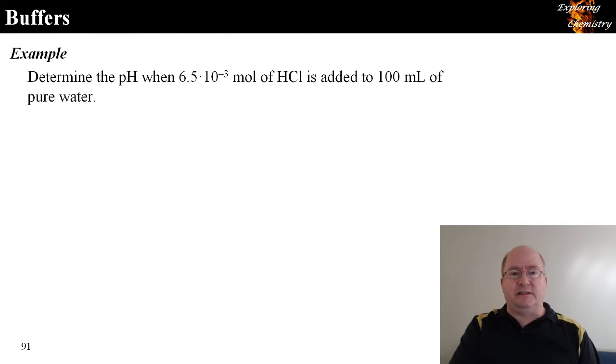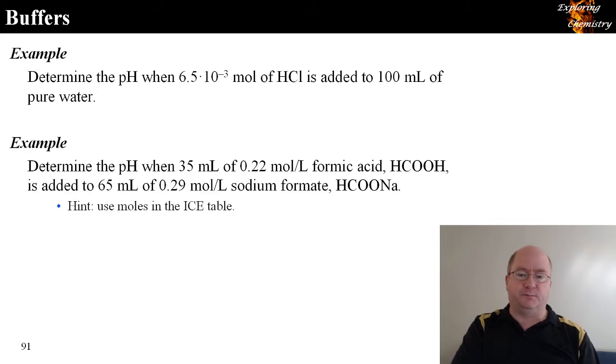Last day we started some calculations. We were able to calculate the pH when we added a tiny amount of hydrochloric acid to some amount of pure water. I'll show you that in just a few seconds when we go over to the document camera, I guess tablet. We also did a calculation where we created a buffer by mixing two solutions together, a conjugate acid-base pair of formic acid and sodium formate.